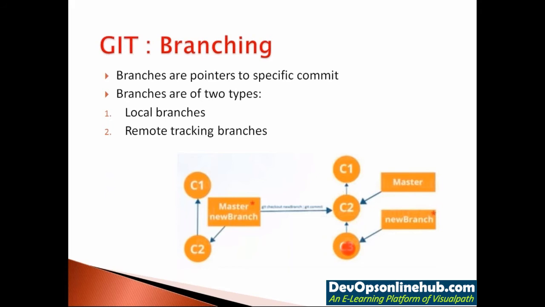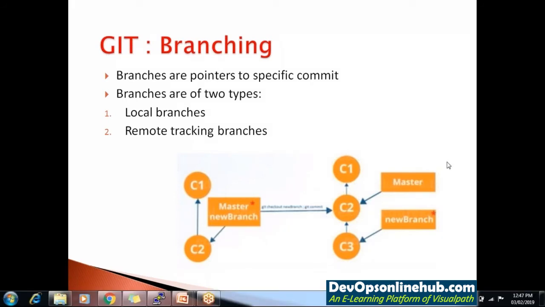There are two types of branches, local branch and remote branch. As there are two types of repositories, local and remote, the branches of the local repository are local branches and the branches of the remote repository are remote branches.